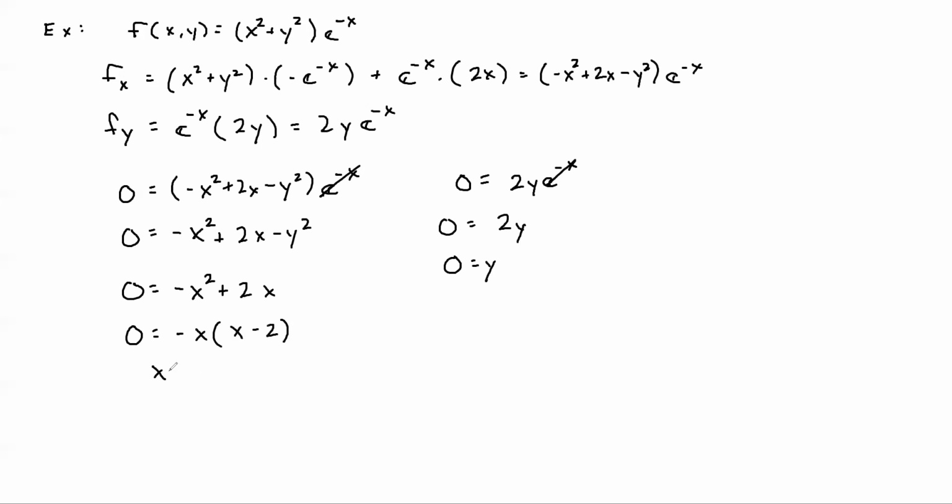So we get x equals 0 or x equals 2. Okay, so that's the critical points. We get (0, 0) and (2, 0).